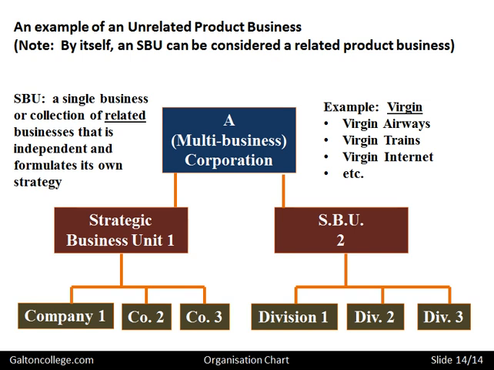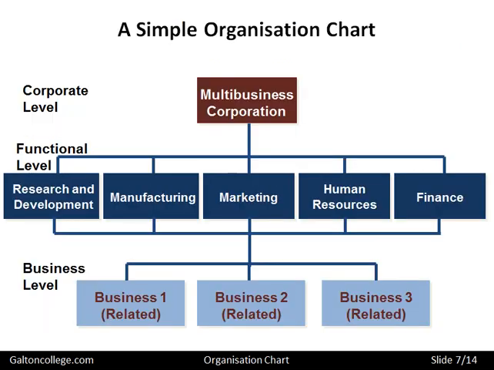So this gives us an idea of organisational charts and how, at the top level, corporations can be structured: the corporation down to, in this case, the strategic business unit, down to the business. Or the examples we had earlier, for example, the multi-business corporation going straight to the functional level down to the businesses.